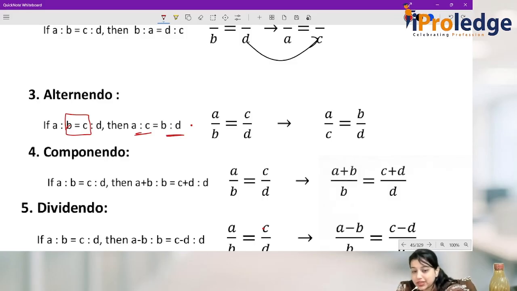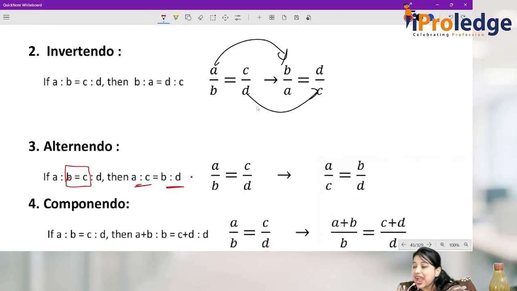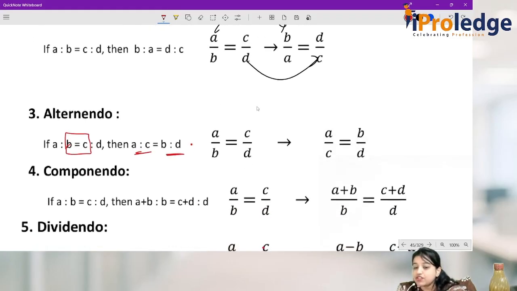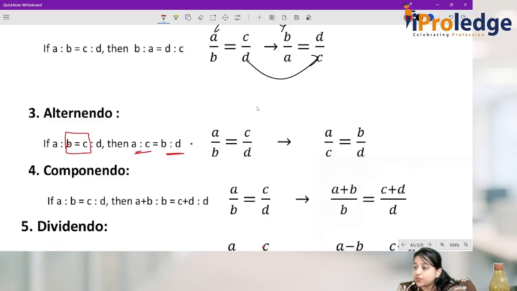The fourth property, componendo. Componendo means addition. You add both the numerator and denominator, and the denominator should be the same.